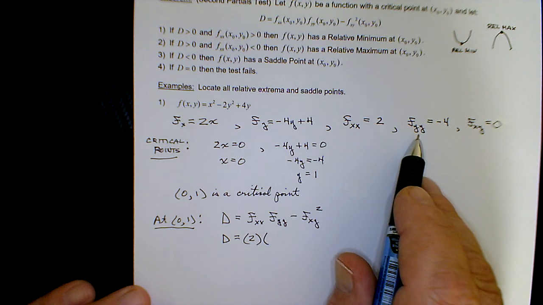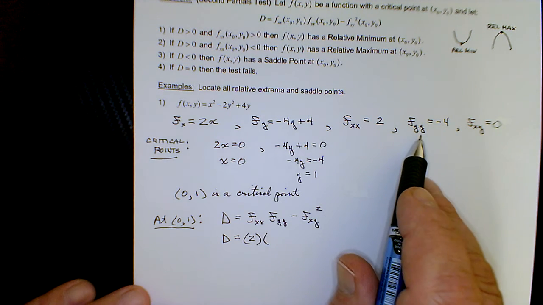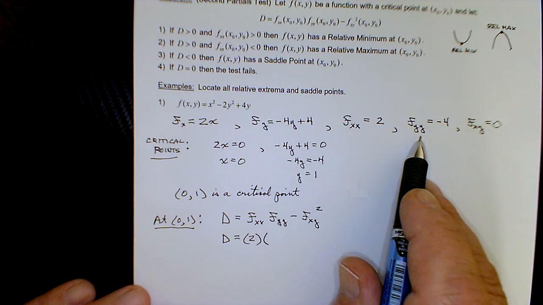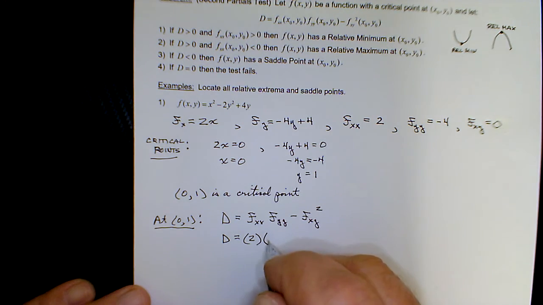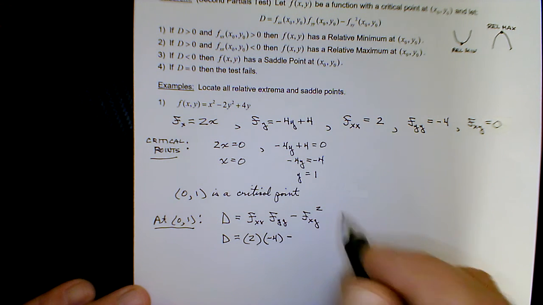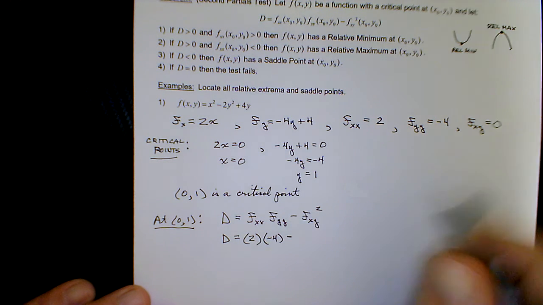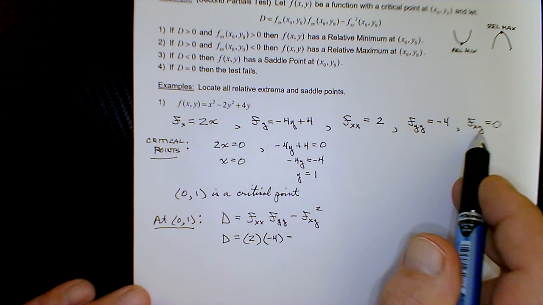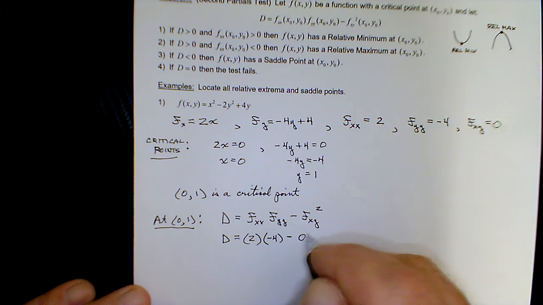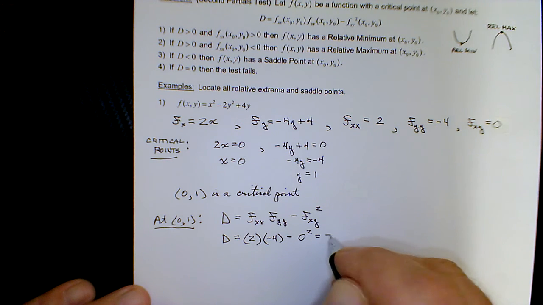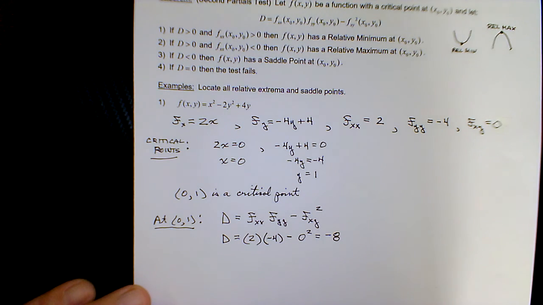Similarly, for f sub yy, there's nothing that we're substituting into, and we just have the -4. And then for f sub xy, it's just 0. So minus 0 squared. So we get that d is -8.